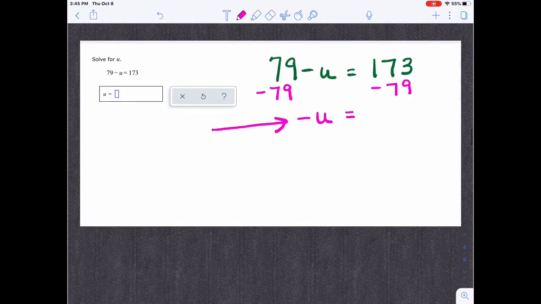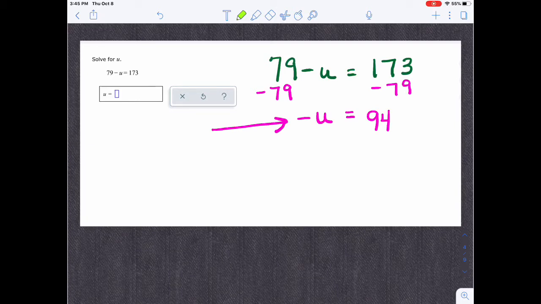Let's see here. Need to subtract. Make sure I'm not doing anything weird. And here's how we deal with this negative u. We can times by negative 1.